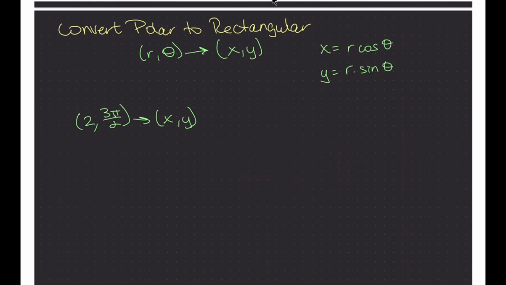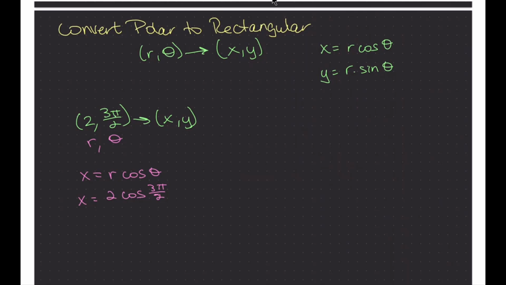So my 2 is my r, and that 3 pi over 2 is my theta. So x equals r times the cosine of theta, so x is going to equal 2 times the cosine of 3 pi over 2.